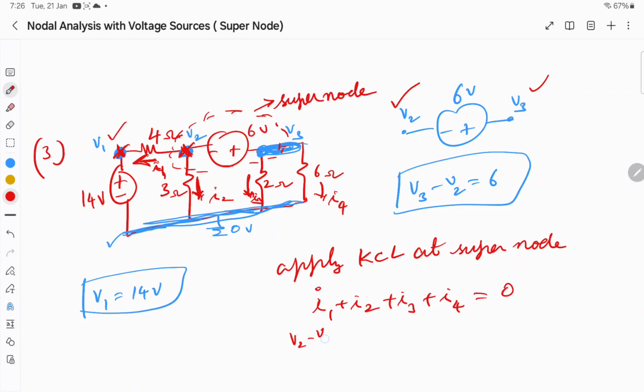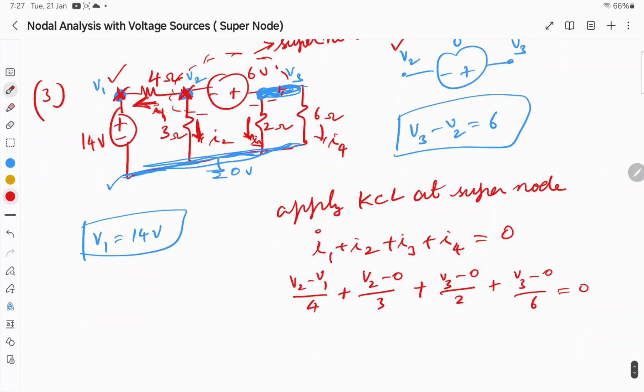So it is (V2 minus V1) by 4. For I2 it is going to be (V2 minus 0) by 3. For I3 it is going to be (V3 minus 0) by 2. For I4 it is going to be (V3 minus 0) by 6, equal to 0. Okay, so write the equation. This would be your equation 3.